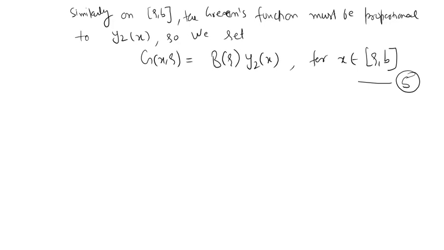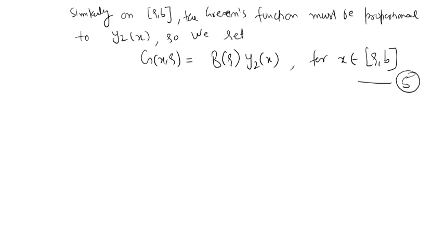So this is equation number 5. Okay, so these capital A and capital B may depend on xi, but they must be independent of x.